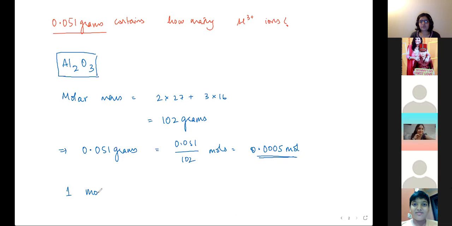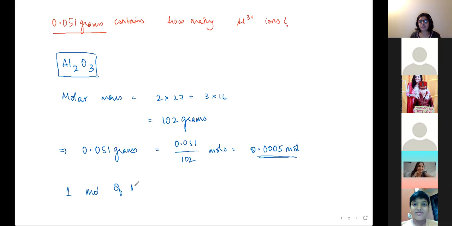Now, 1 mole of Al2O3 has how many ions of Al3 plus? So Al2, right? If you take one formula unit of Al2O3, you get 2 Al3 plus ions from there.